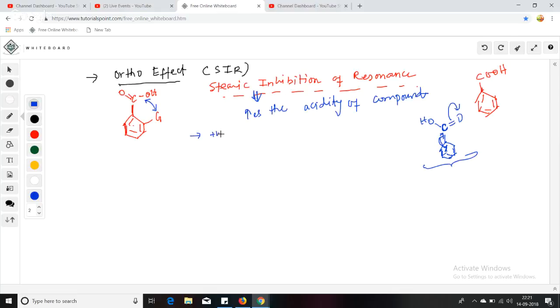The positive charge density on the carbon of the COOH group does not decrease, hence removal of H plus is easier.